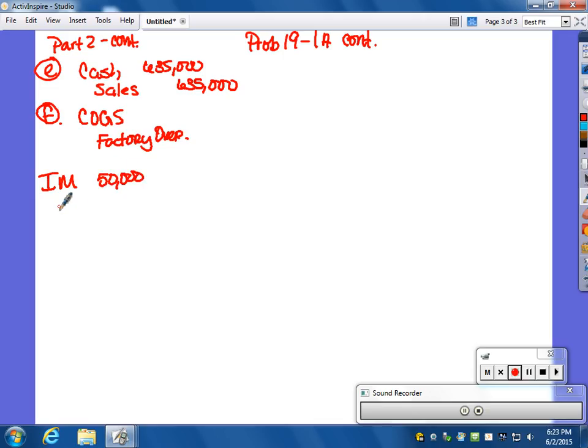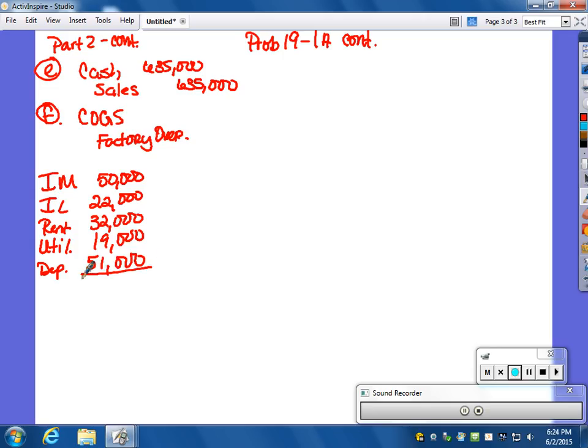And then we had indirect labor, 22,000. Factory rent, 32,000. And utility, 19,000. Depreciation, 51,000. Now all of this total together gives us what?